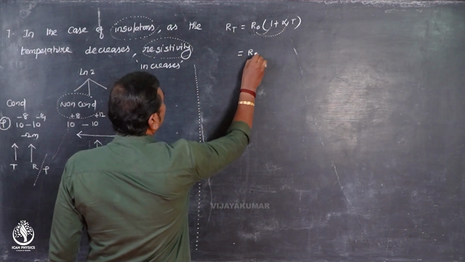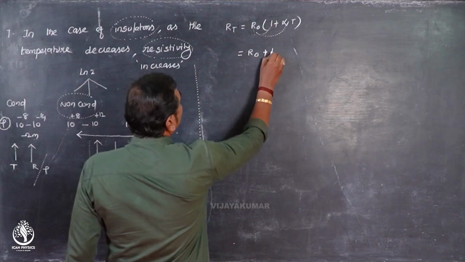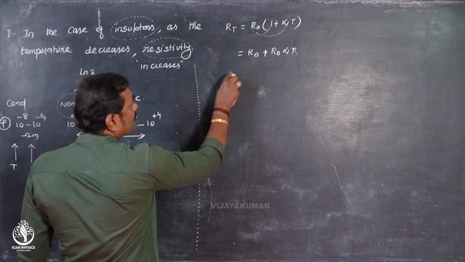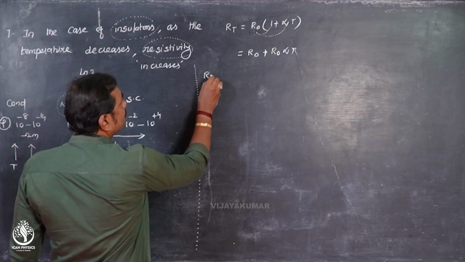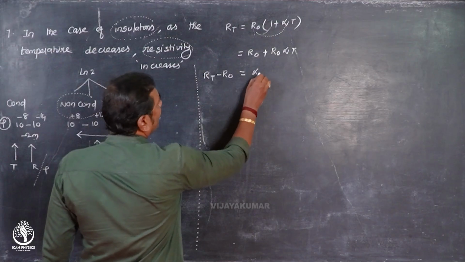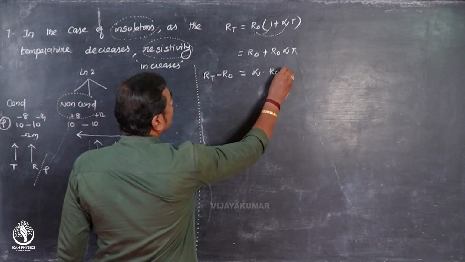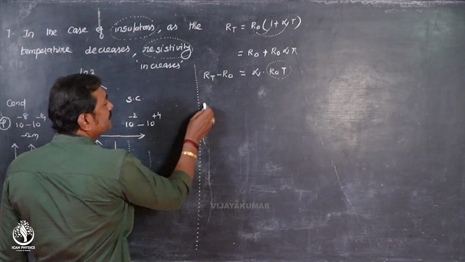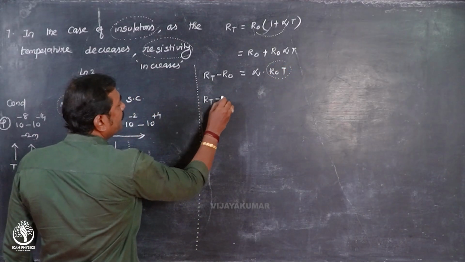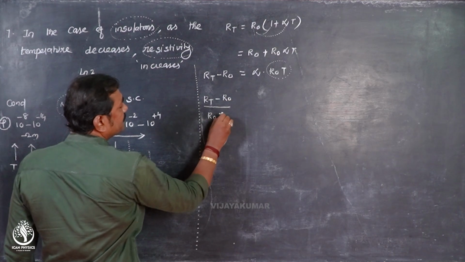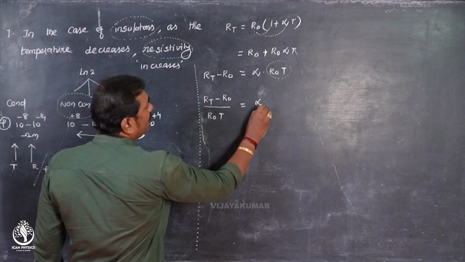So 1 into R naught, R naught into alpha T. The plus R naught comes to this side as minus. So R_T minus R naught equal to alpha into R naught T. So the multiplication R naught T comes to this side as division. So R_T minus R naught divided by R naught T equal to alpha.